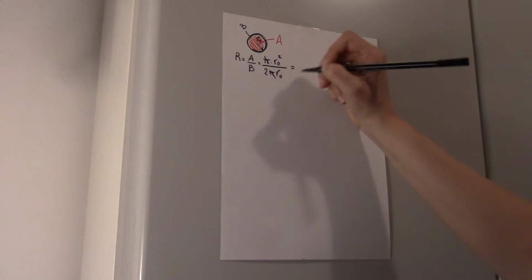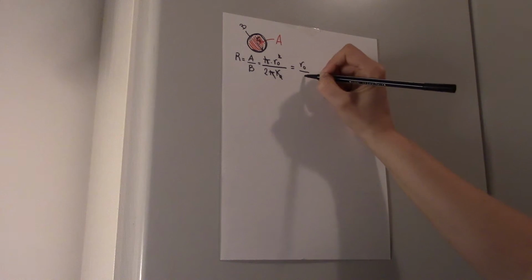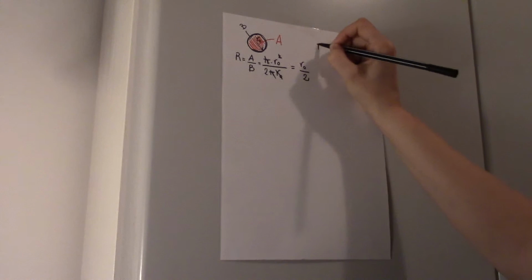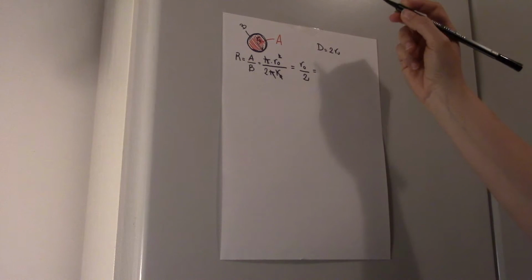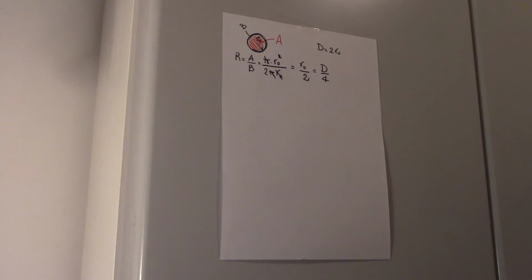Then simplifying, you get R0 over 2. Since usually the characteristic length of the pipe is defined as the diameter, so the diameter will be 2R0, this comes to be d over 4. In the same way you can define the hydraulic radius for all kinds of geometry.